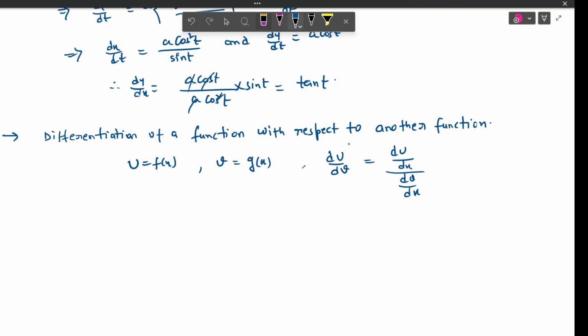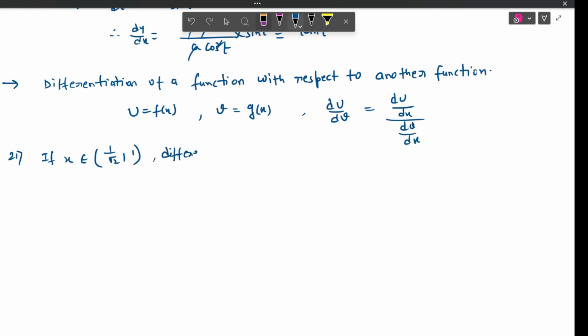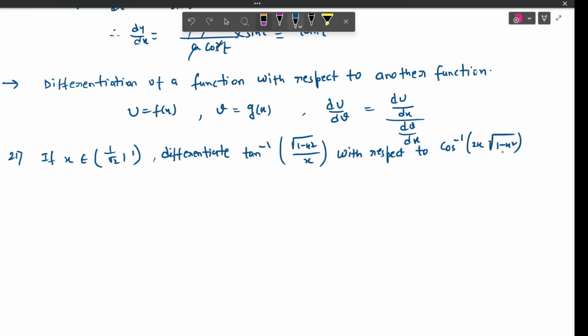Let's see one question. If x belongs to 1 by root 2 to 1, differentiate tan inverse root under 1 minus x square by x with respect to cos inverse 2x root 1 minus x square.